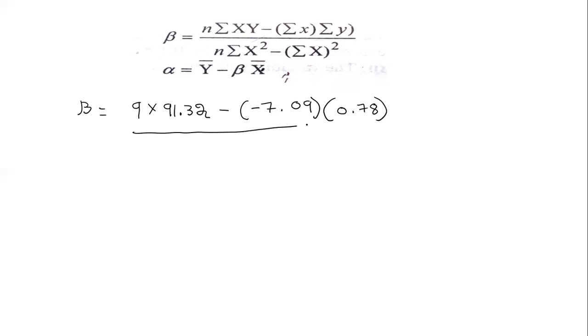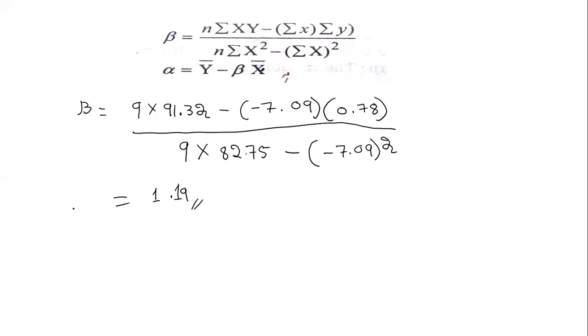Now divided by n into summation x square. n we know is 9, and summation x square we have calculated as 82.75, minus the square of summation x, which is minus 7.09. After calculating all the values, we will get beta as 1.19.